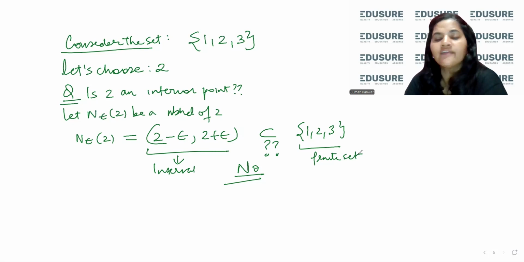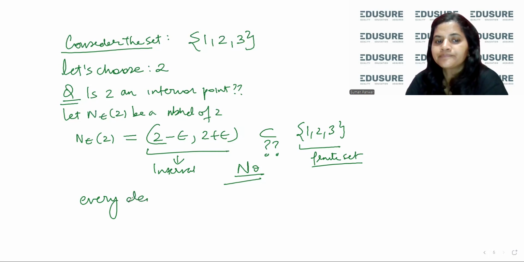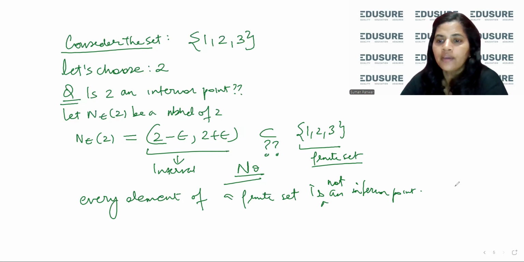An interval can never be contained in a finite set. An interval contains uncountably infinite points. So this is not an interior point. In fact, every element of a finite set is not an interior point. That we can see.